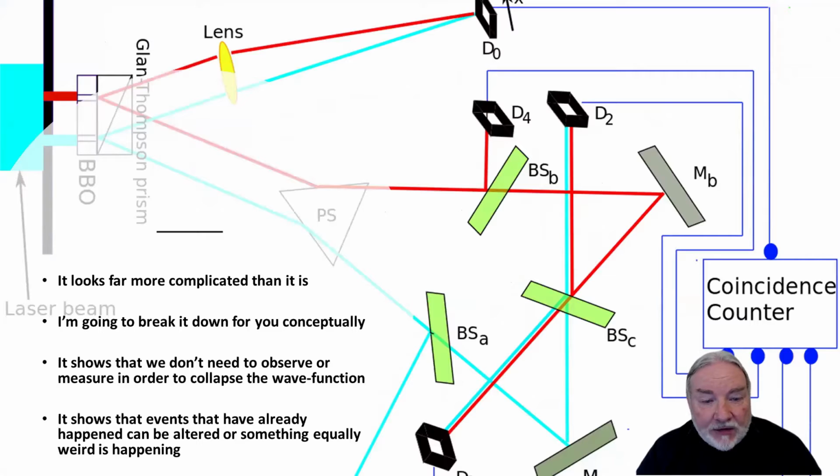As I say, it looks far more complicated. I'm going to break it down. There are 2 points that it makes. One, that you don't have to make a direct observation or measurement to collapse the wave function.